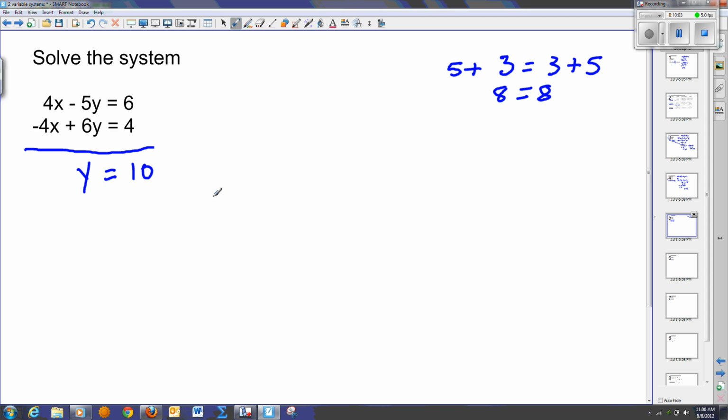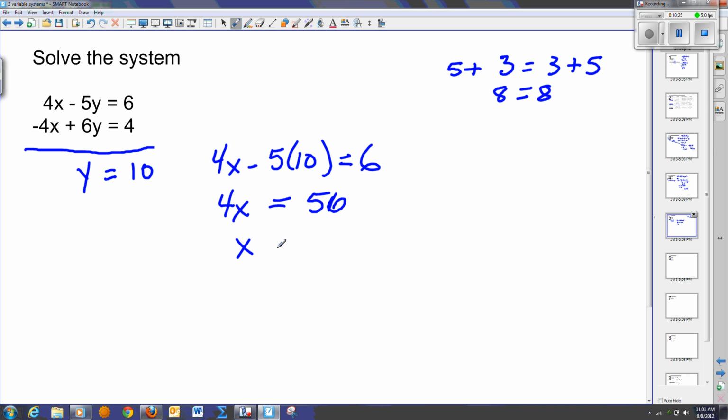So now if I want to find my x value, I just take my 4x minus 5 times my y value, or 10. Set that equal to 6. 56 is going to equal 4x. And x equals 14.